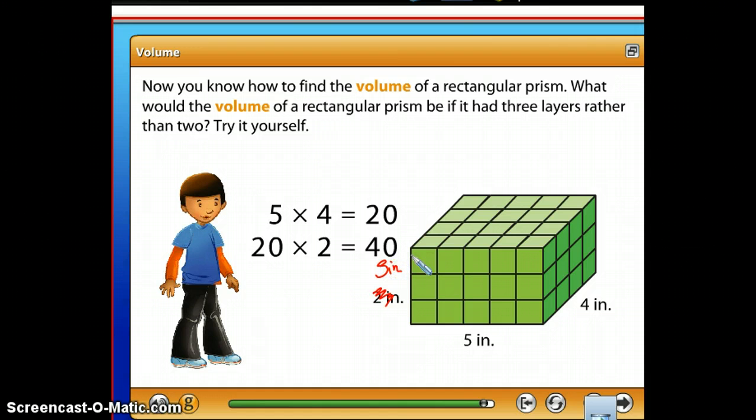Okay. So let's use the formula. Volume equals length times width times height. What is the length? 5. What is the width? Aiden? 4. And what is the height? Bella? 3. Changed it to 3.